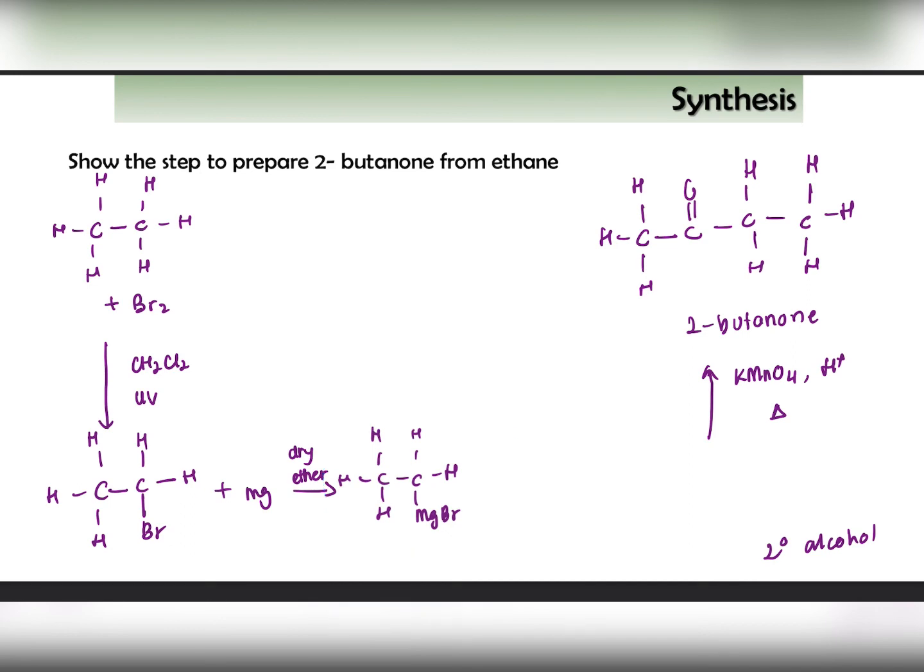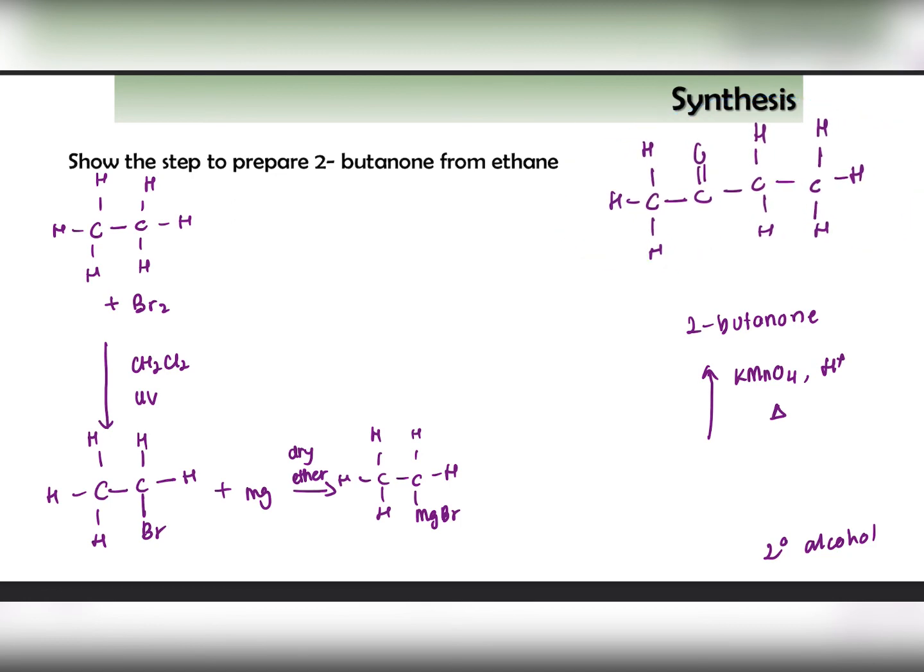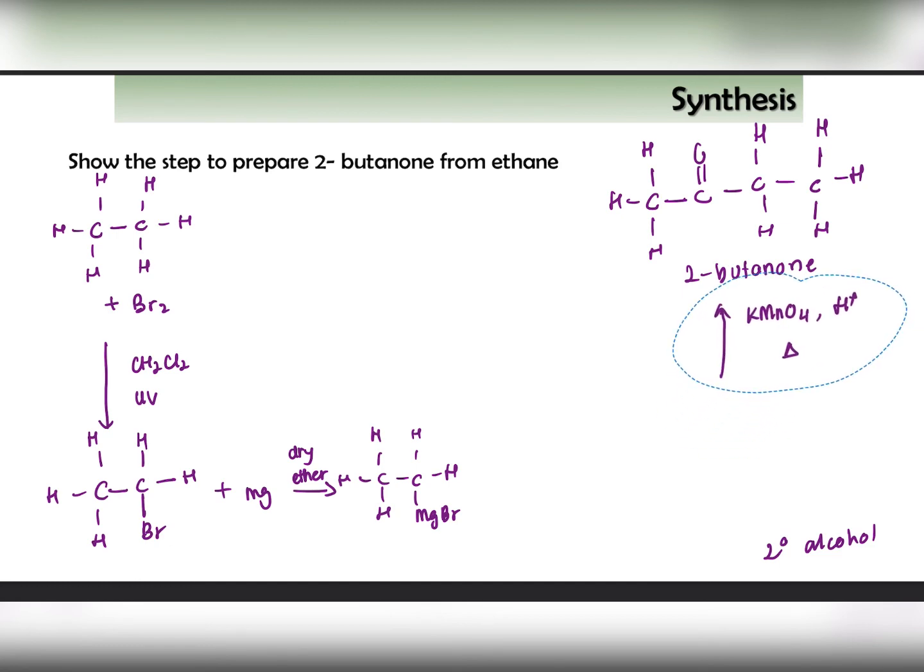Alright, so for this part, it's a bit tricky. So I choose to do it in reverse first. So this part of your reaction is the ketone. So this is your 2-butanone, and how do we produce 2-butanone? From oxidation of alcohol.